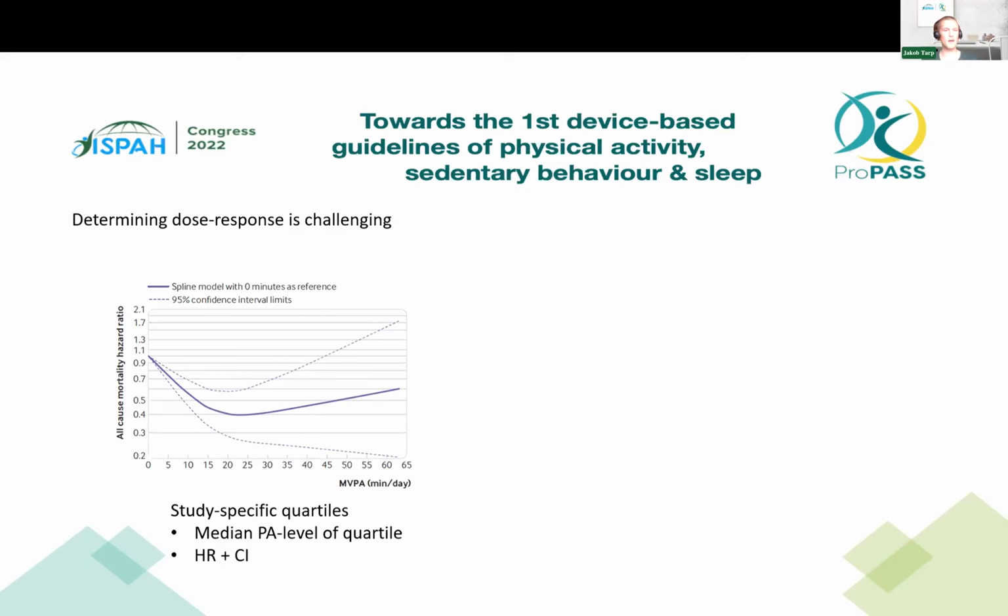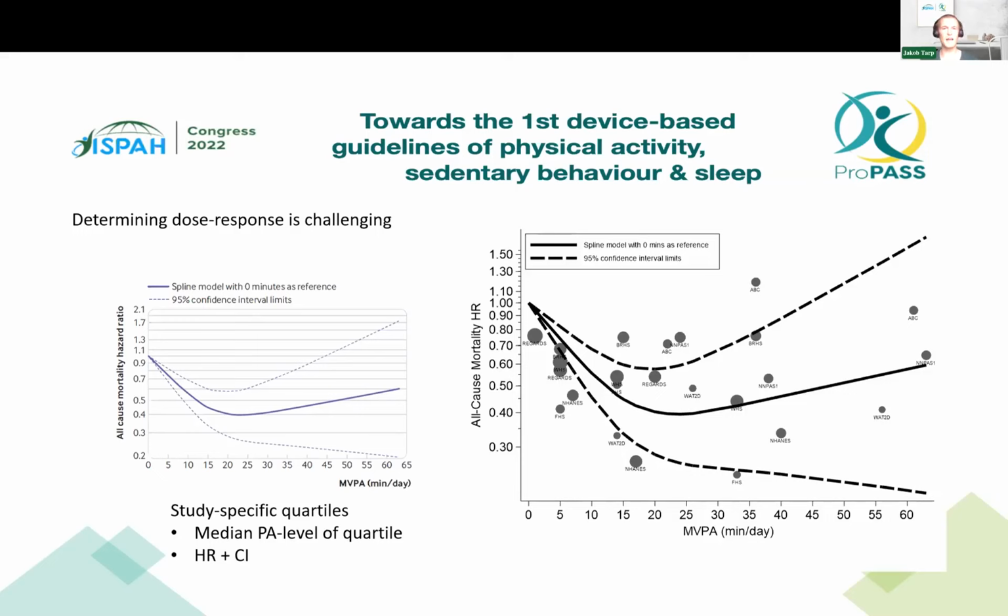While this figure definitely looks very nice, showing a very strong inverse dose-response relationship by doing any level of moderate to vigorous physical activity, and with a lot of uncertainty at higher levels of activity, the underlying data, I think, maybe calls for more caution in how certain we can be that this is actually the dose-response relationship.